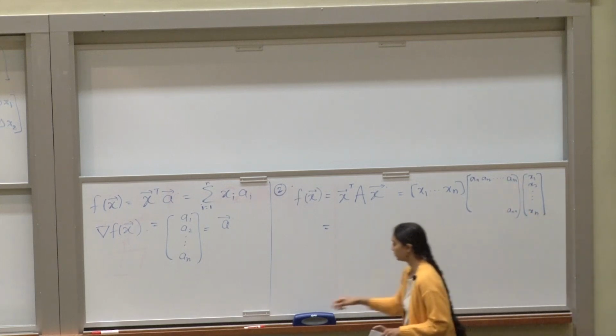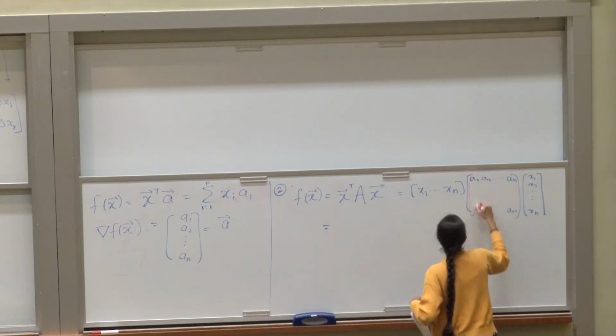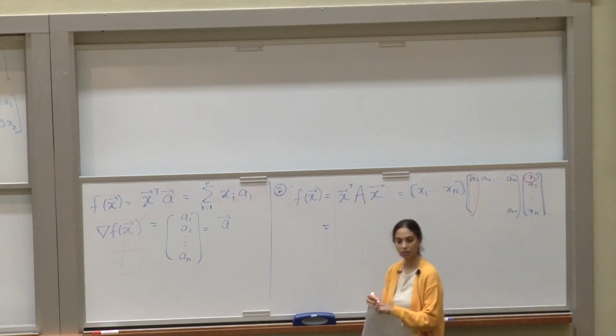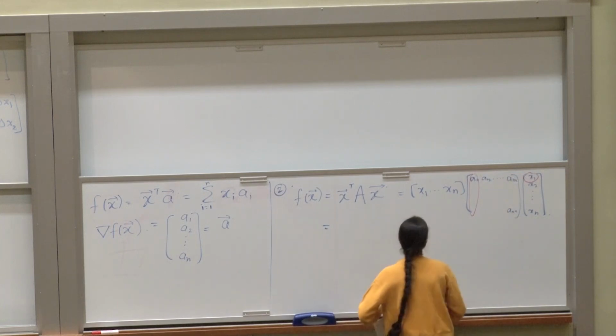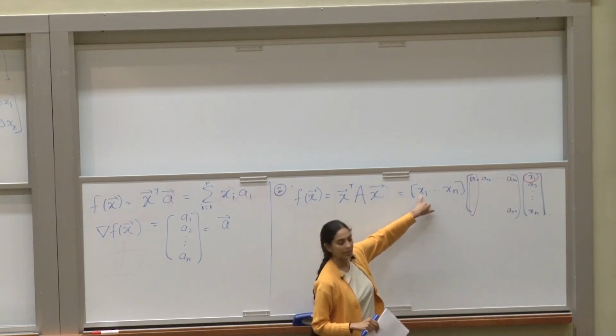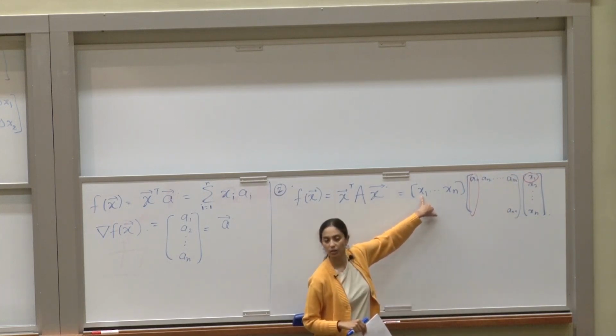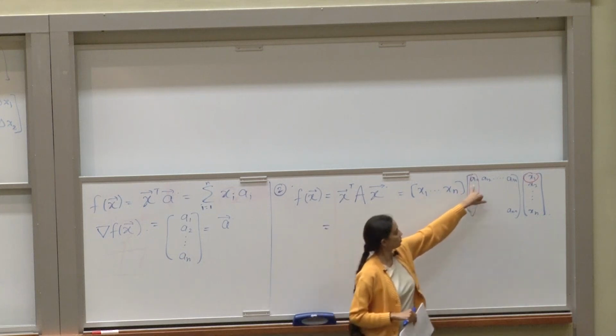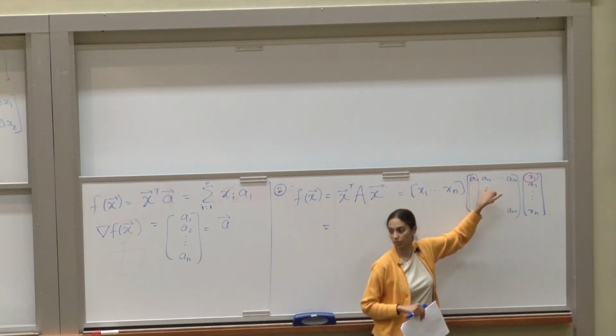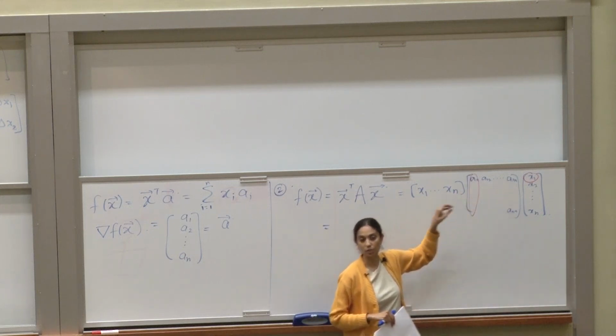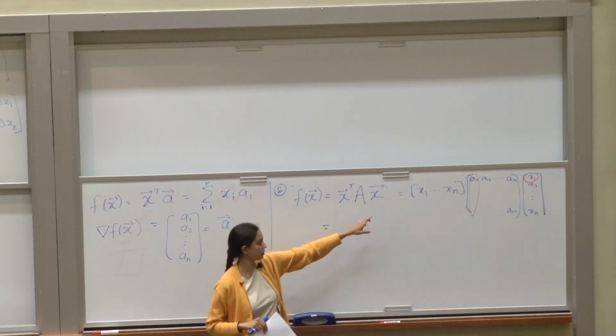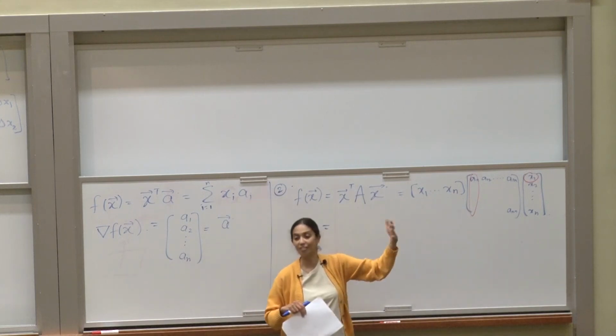So x1 gets hit by everything here. What are the things that are going to hit this x1? It's going to be everything along this row, right? So can you write out what are the terms that have x1 in them?